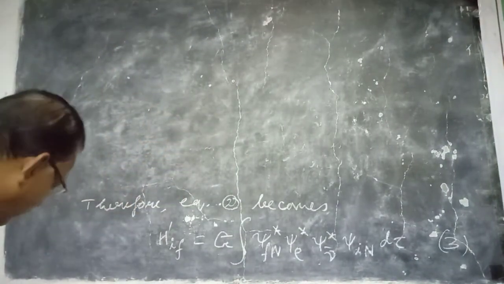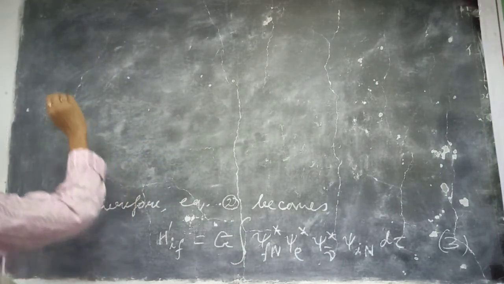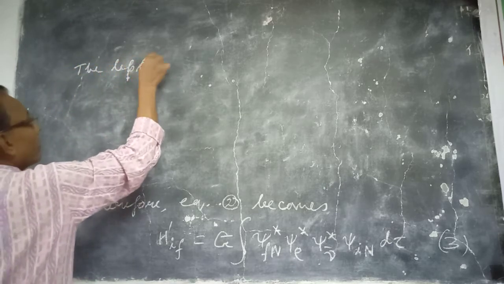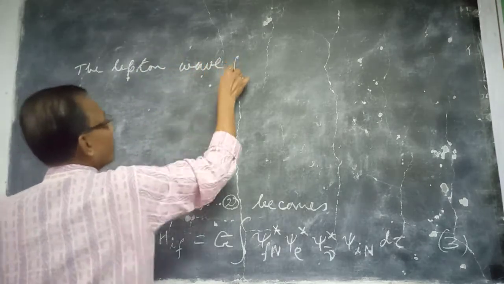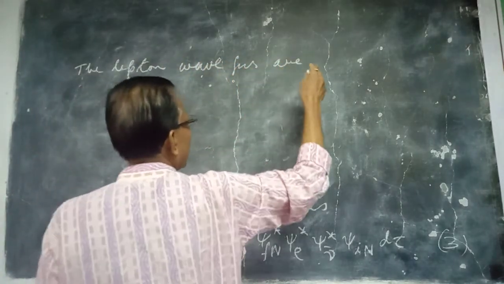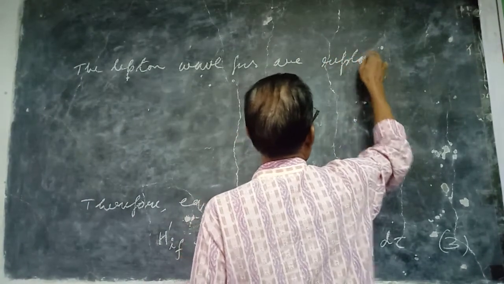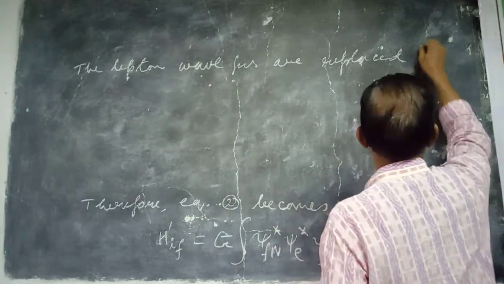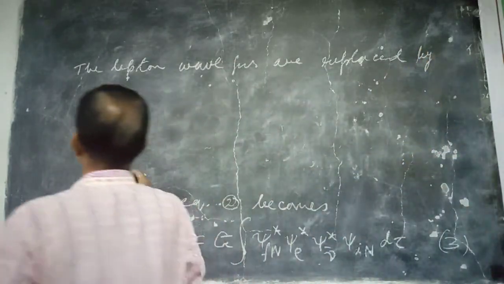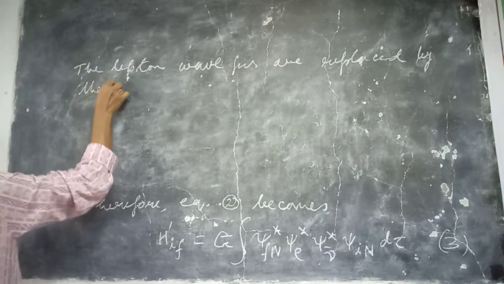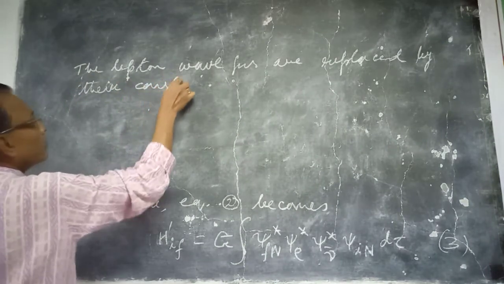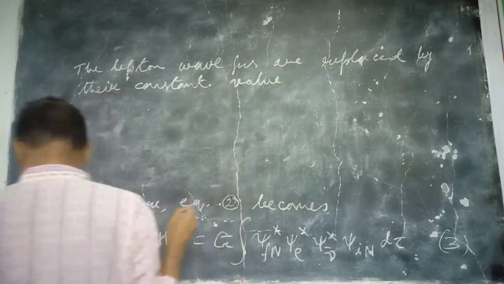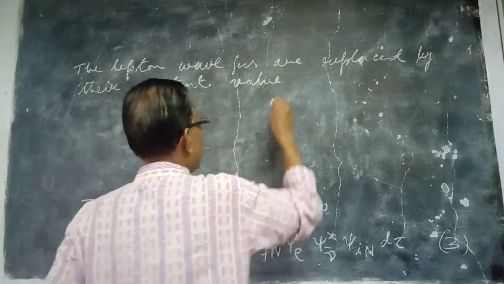Now the lepton wave functions are replaced by their constant value at the nuclear center.